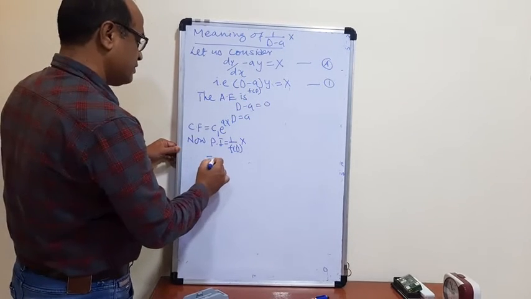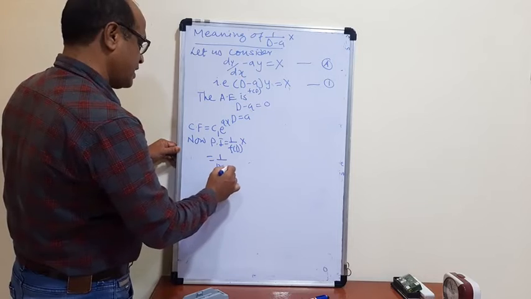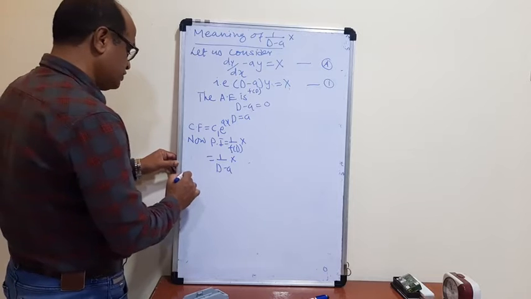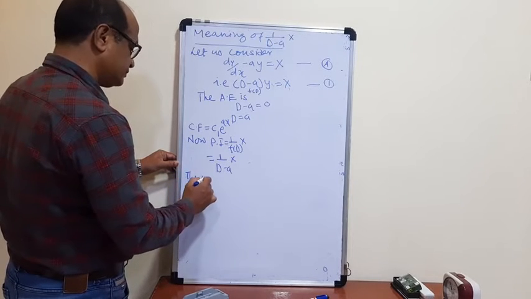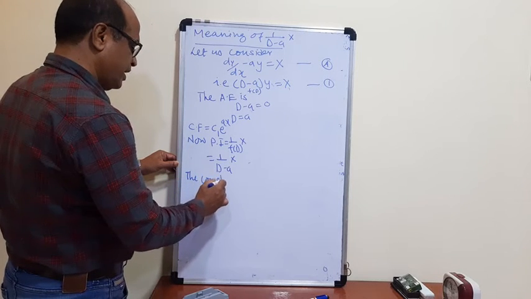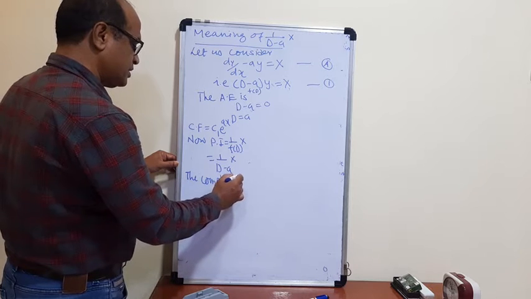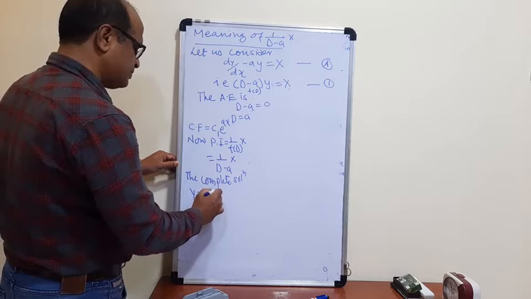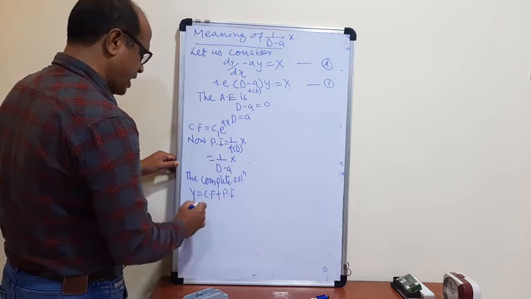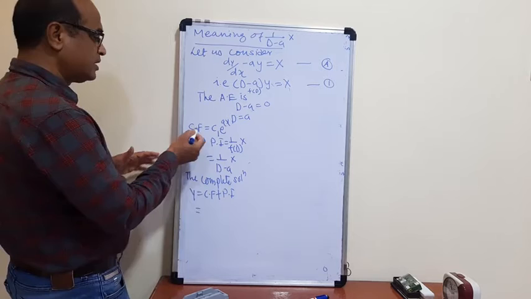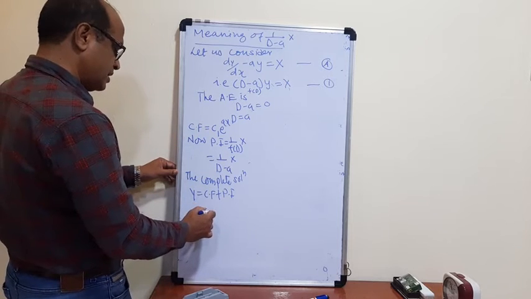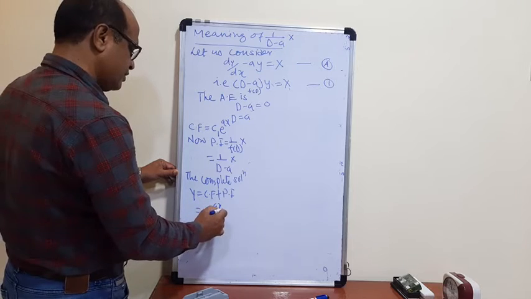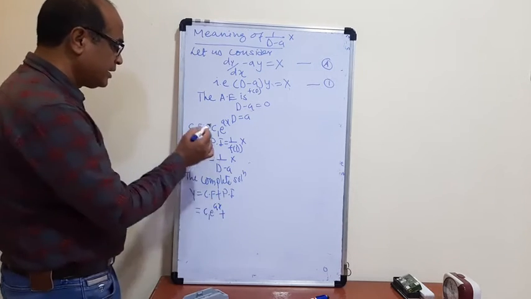So this equals 1 upon D minus a X. Therefore the complete solution is y equal to CF plus PI, where CF is C1 e raised to ax, plus the particular integral PI.